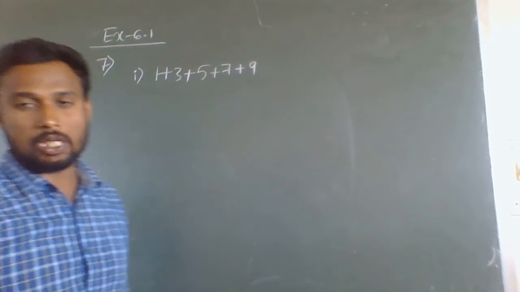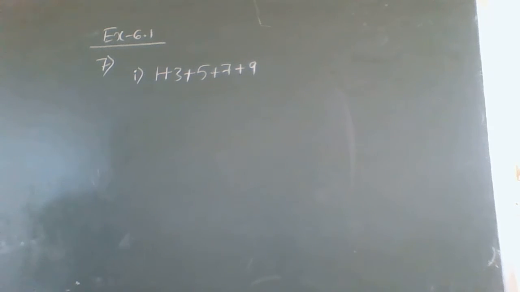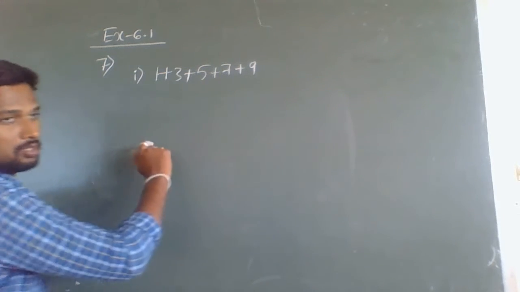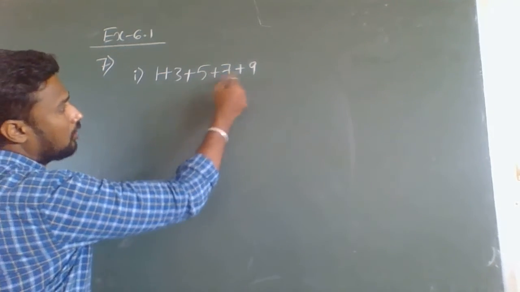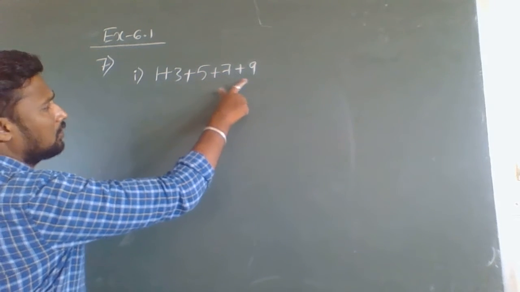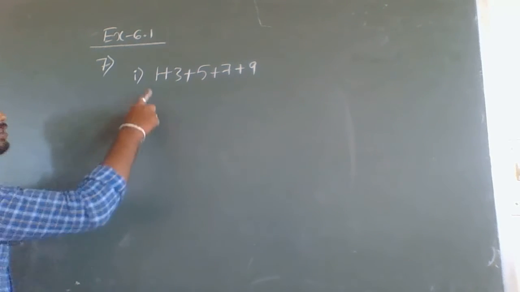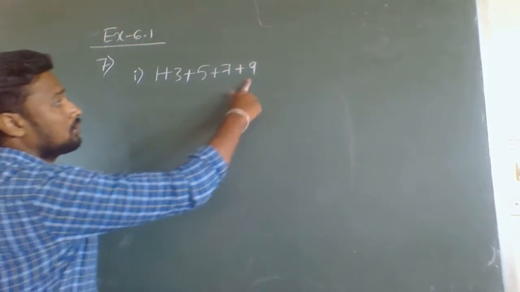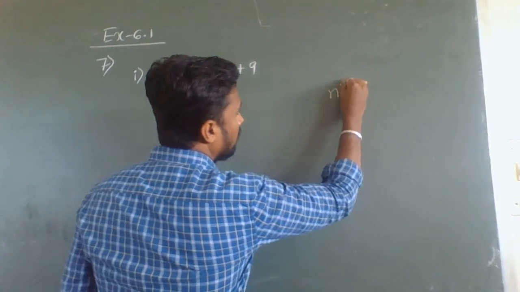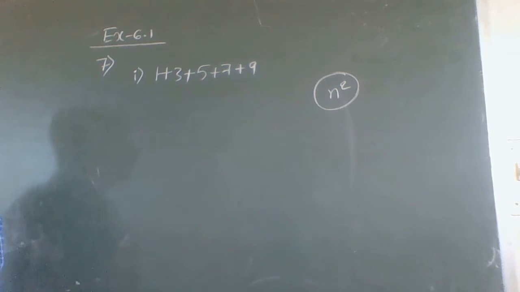In the introduction part we discussed that always the sum of first n odd numbers. They have given odd numbers only: 1, 3, 5, 7, 9. These all are odd numbers. So always the sum of first n odd numbers equals n square.